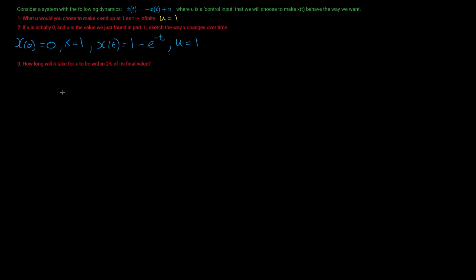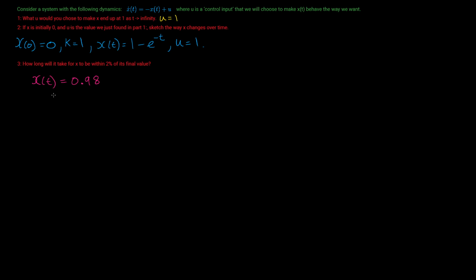In the final part of this problem, we just want to figure out how long it takes for x to be within 2% of its final value. Well, if its final value is 1, then we would like to know for what value of t, x is equal to 0.98. Well, we can actually just substitute that back up here into our equation for x.